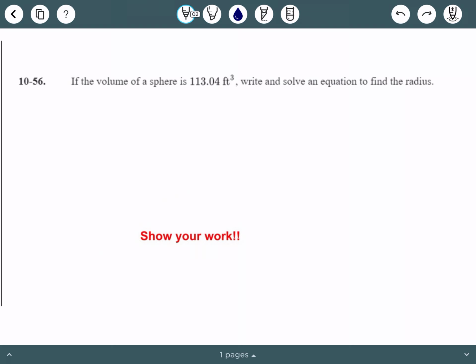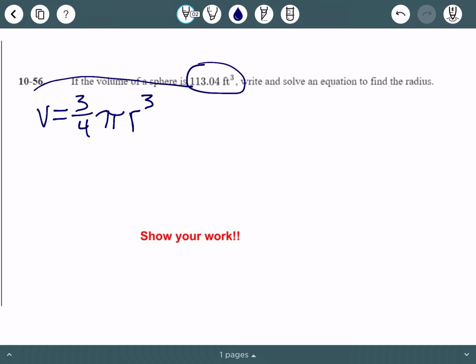So we do know that the volume of a sphere is 3/4 pi times the radius cubed. So what we can do in this situation is we can just take the volume and we can plug that into our formula. So let's go ahead and do that.